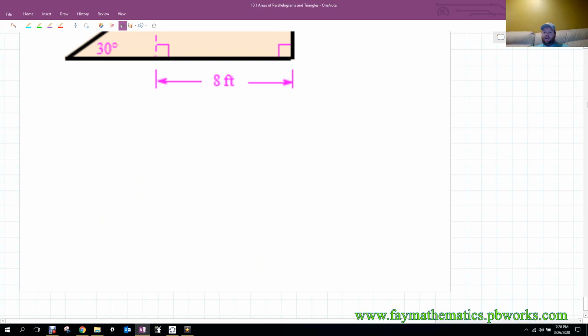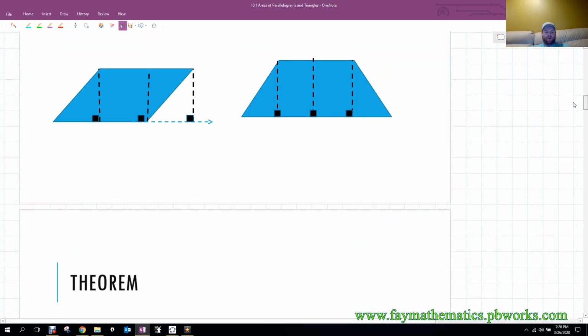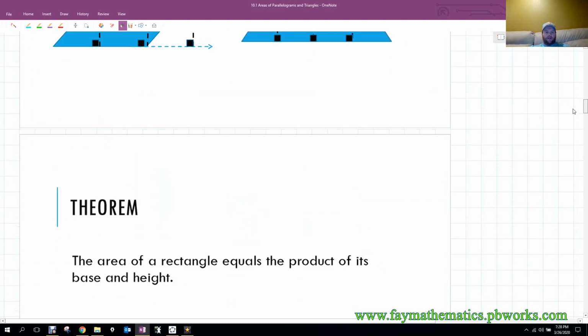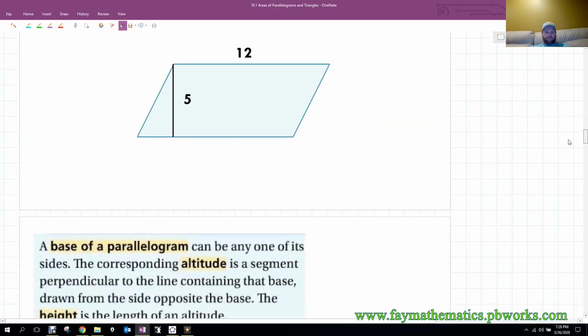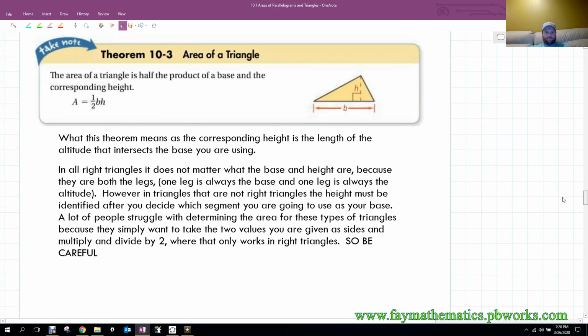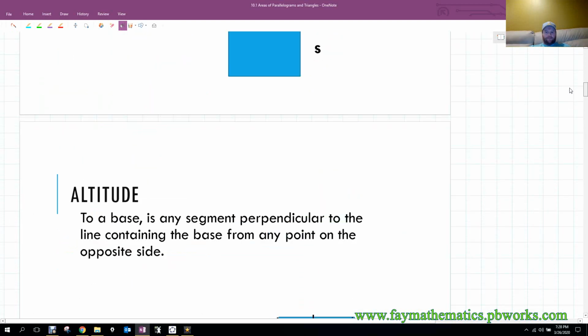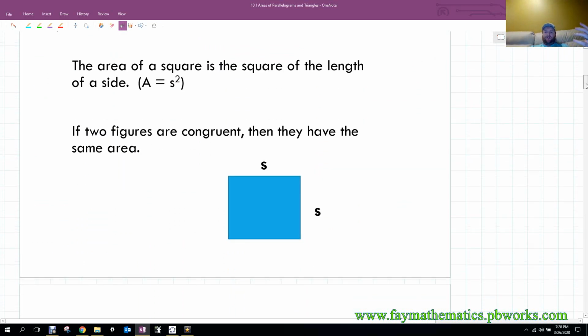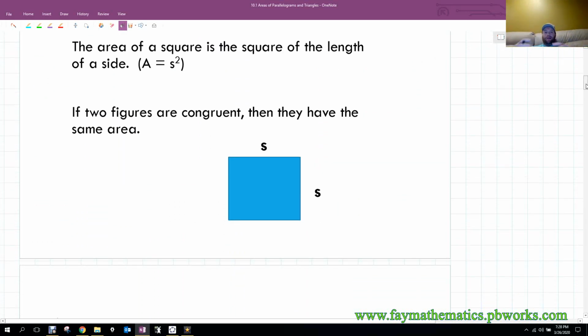I don't know if I've got a defined definition from your textbook here for area. I do not. That's kind of maybe the best way of thinking of it. So essentially, if I have any shape, how many unit by unit blocks can I fit inside that shape?